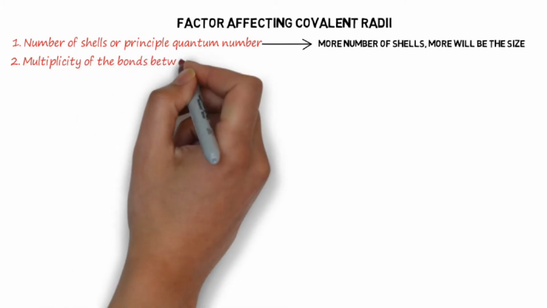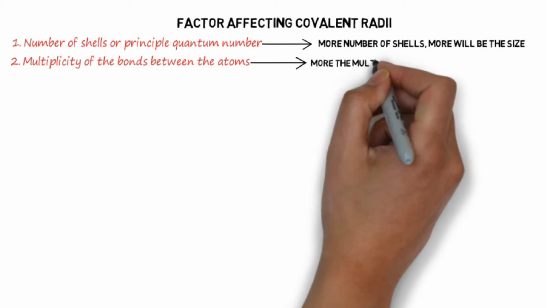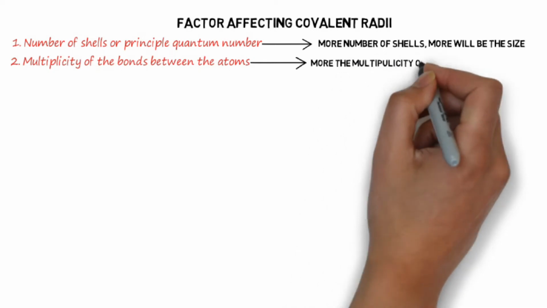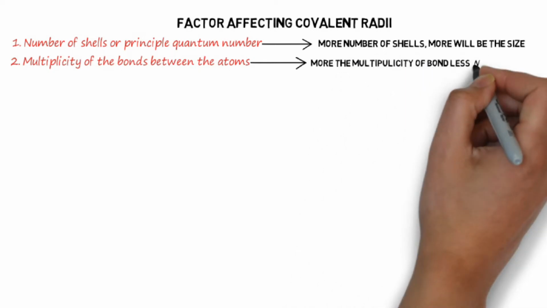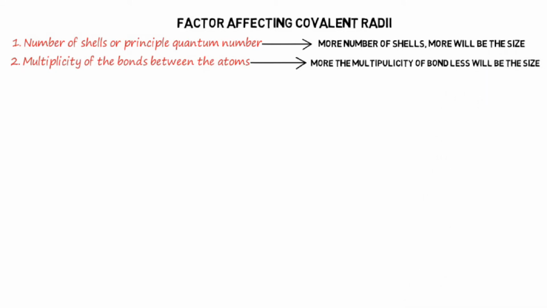Secondly, the multiplicity of the bonds. The more the bond multiplicity, the less will be the covalent radius. That is, as we discussed before, the single bond covalent radius is more than the double bond covalent radius, which is greater than the triple bond covalent radius.